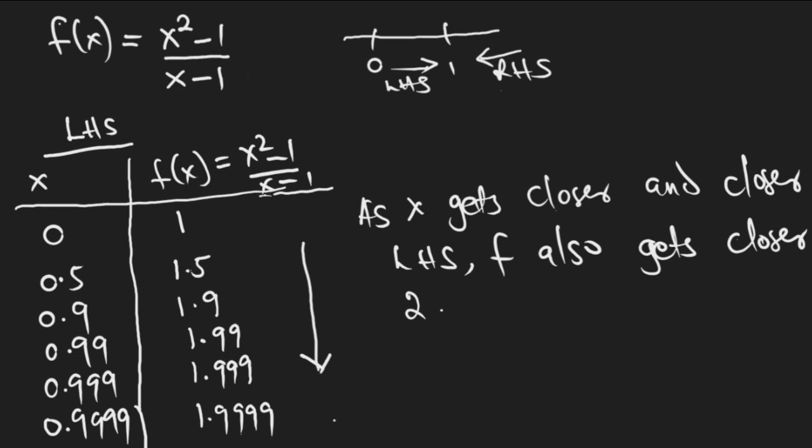Let's see what happens when we are approaching 1 from the right hand side. So from the right hand side, let me still write the function here so we can follow. We have f of x equal to x squared minus 1 over x minus 1.